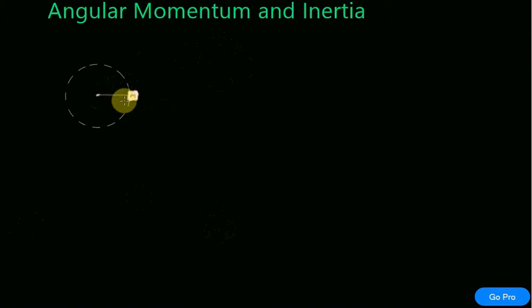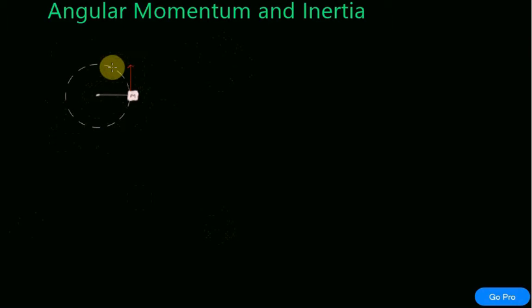We learned that an object that is rotating about some axis will experience some kind of linear velocity that is typically tangential to the path that it is traveling. For example, this object will have some kind of velocity as it is rotating about some axis, and that velocity will be tangential to its path.